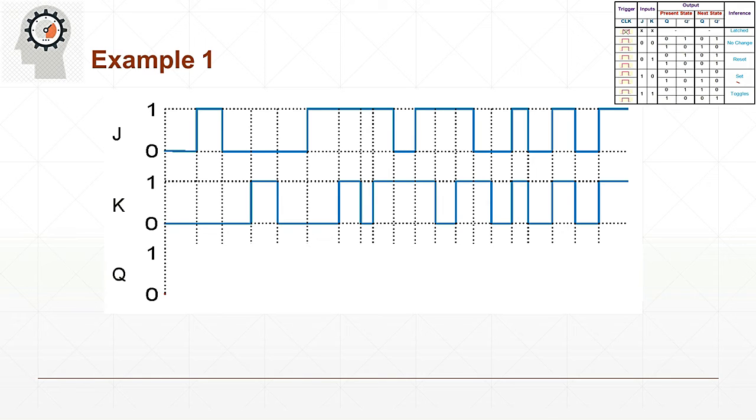After getting the value of Q, the next step is to plot it. Plot the value of Q and the answer is just like this.